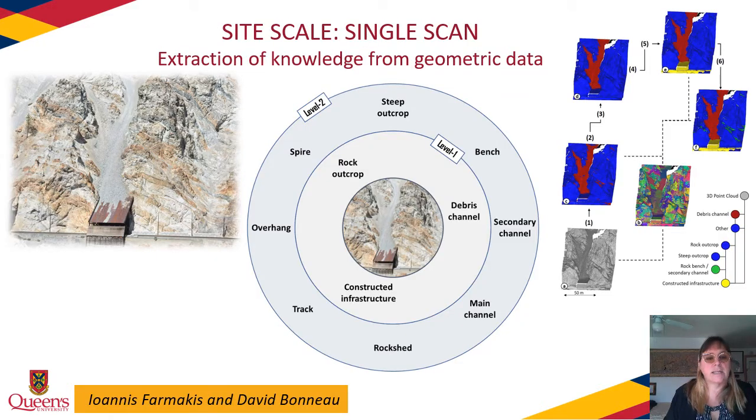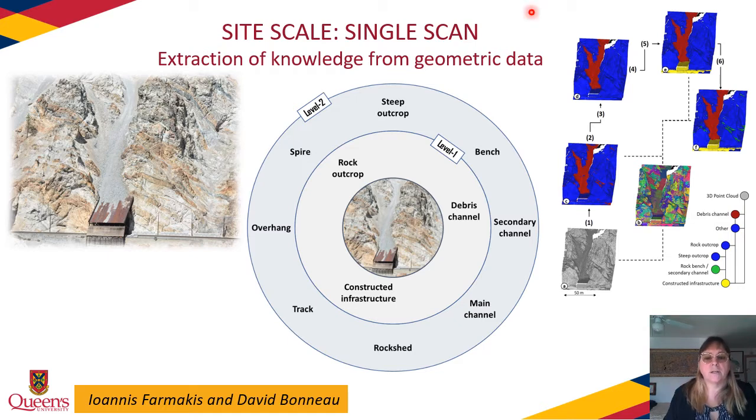On the left side, we see an inset of the slope that has been evaluated by Yannis and David. You can see in this image the zone of talus movement down the slope over the rock shed. You can see the outcrop sections of rock on either side of that talus channel, and you can see locations where talus is resting on benches in the slope.